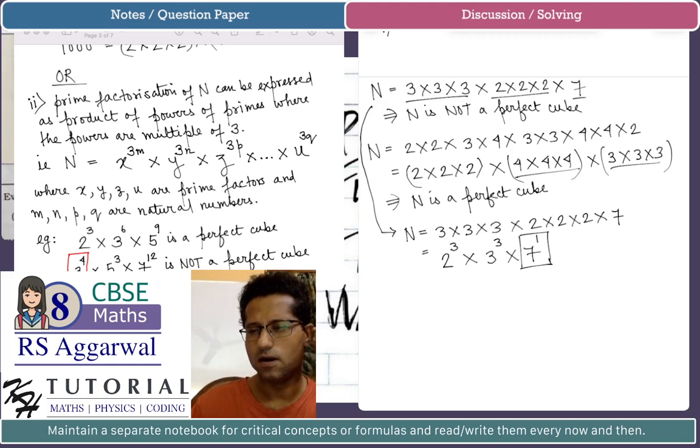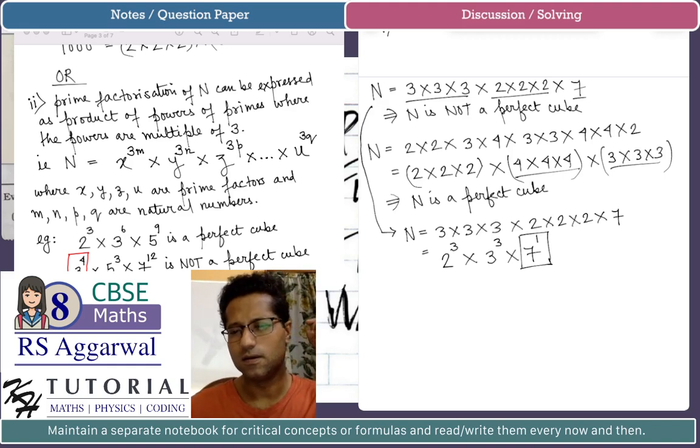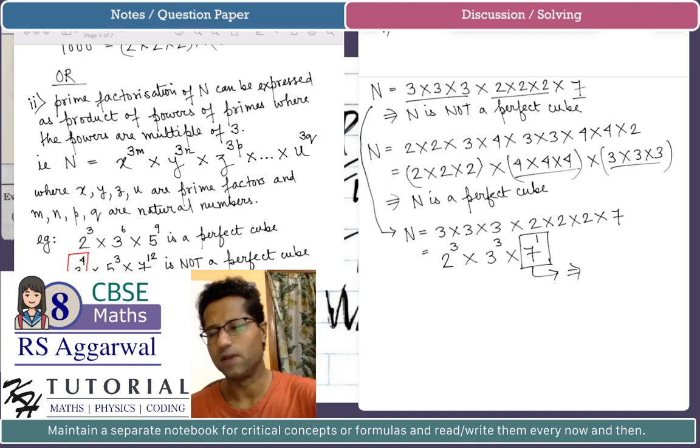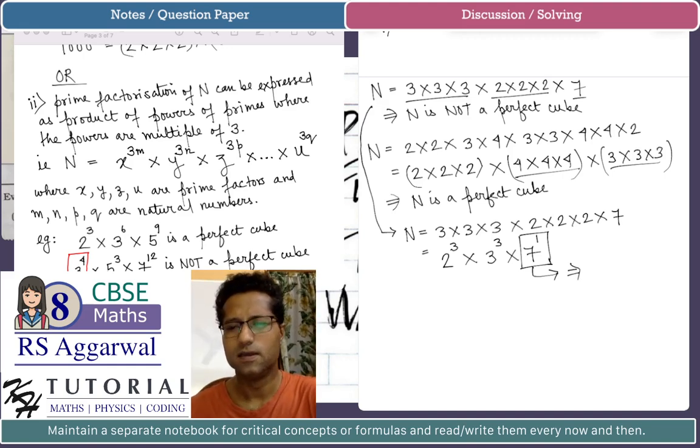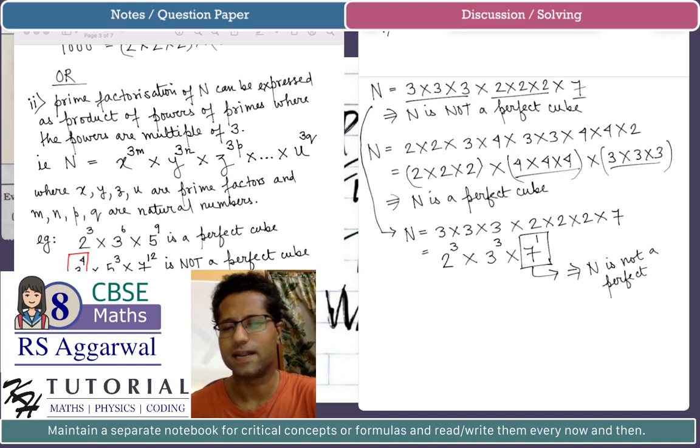This will imply that n is not a perfect cube. If there exists at least one prime factor whose power is not a multiple of 3, then n will not be a perfect cube.